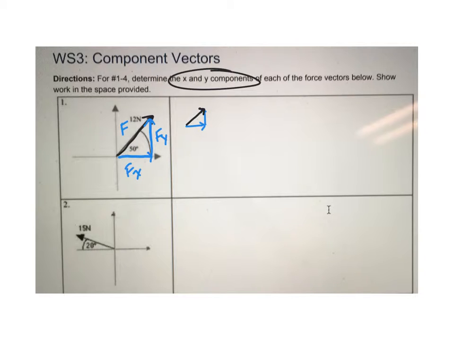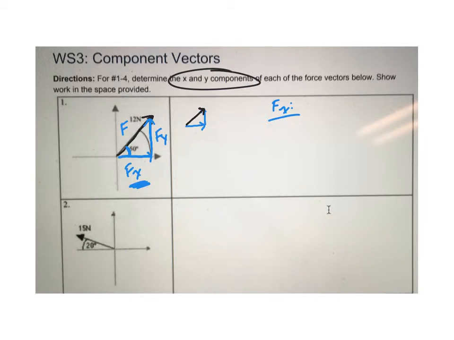So in order to calculate those quantities, we're going to use our trig functions. If we're trying to solve for f in the x direction, the angle of 50 degrees is the one we're talking about. In the x direction, that's the side adjacent to the angle, which would have to be divided by the hypotenuse.